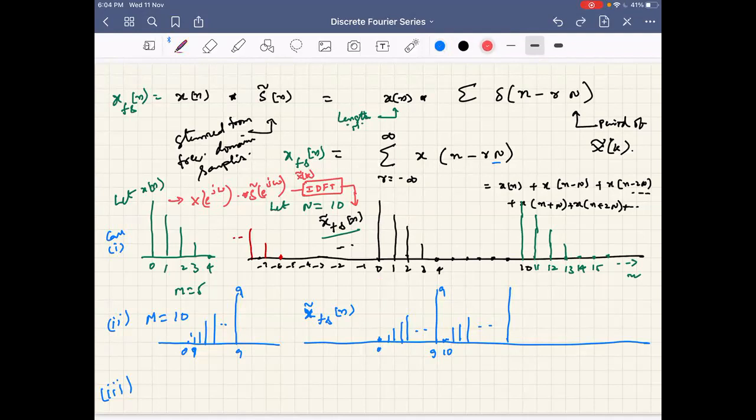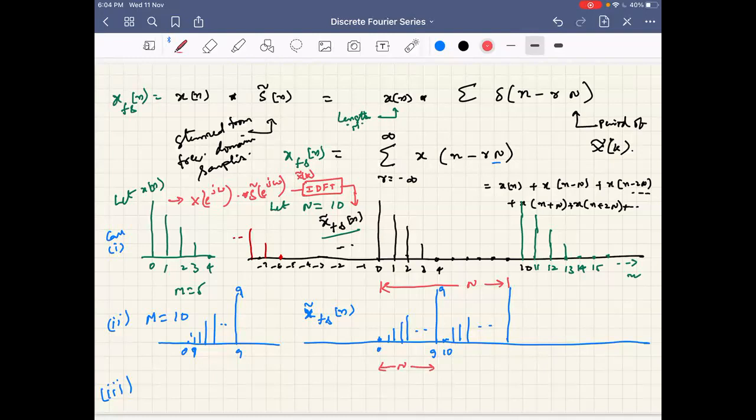We can take one period ranging from 0 to N. And from this period 0 to N, you can extract x of n without any problem, right? Even in the second case, you will be able to extract the x of n taking one period of it, 0 to N, right?